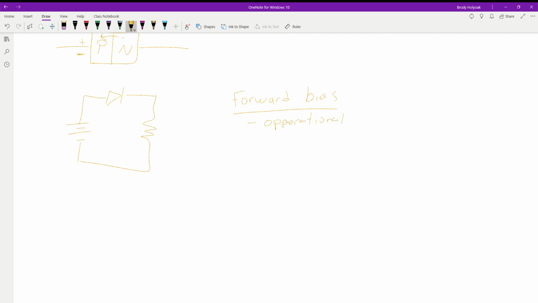It's allowing current to flow. Reverse bias, it's acting as an open. It's stopping current from flowing in this circuit.